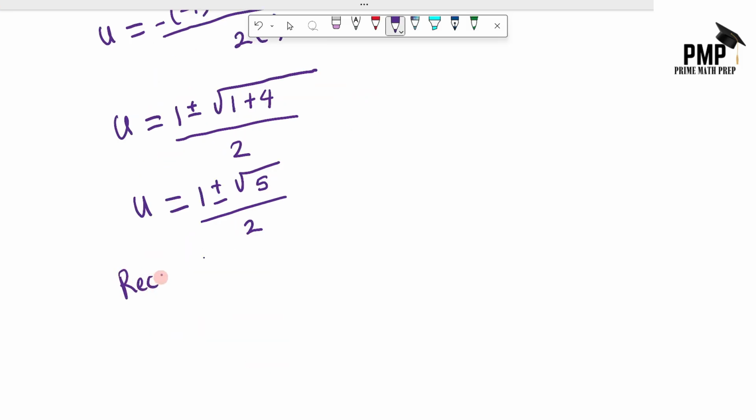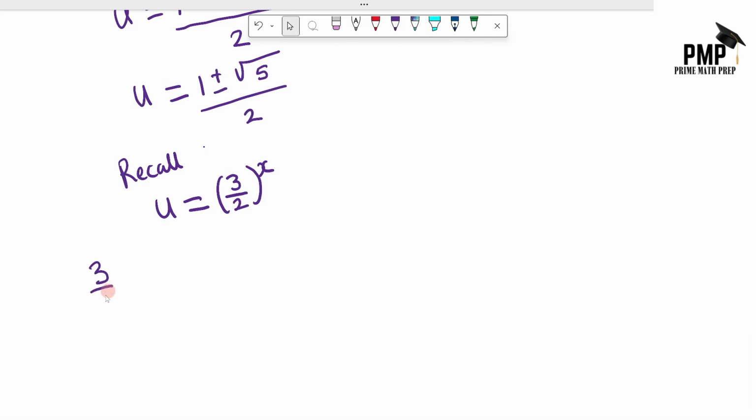Recall that we said that our u should be (3/2)^x. Let's now bring back this u in the form of (3/2)^x in this equation. This will now be (3/2)^x equal to (1 + √5)/2.